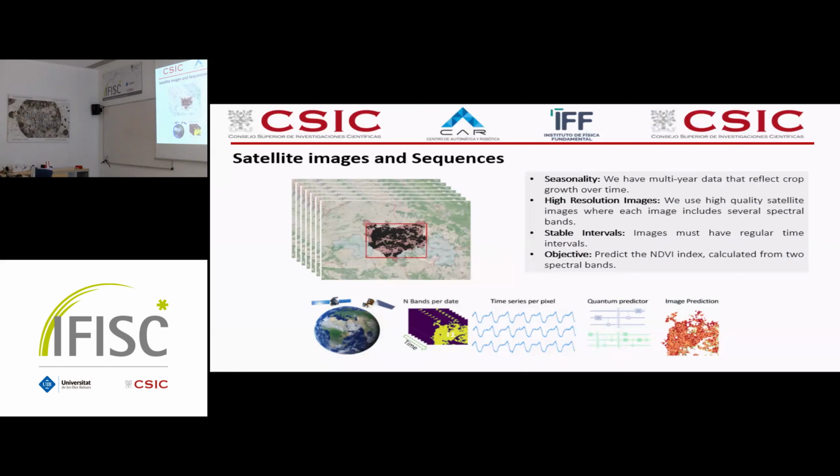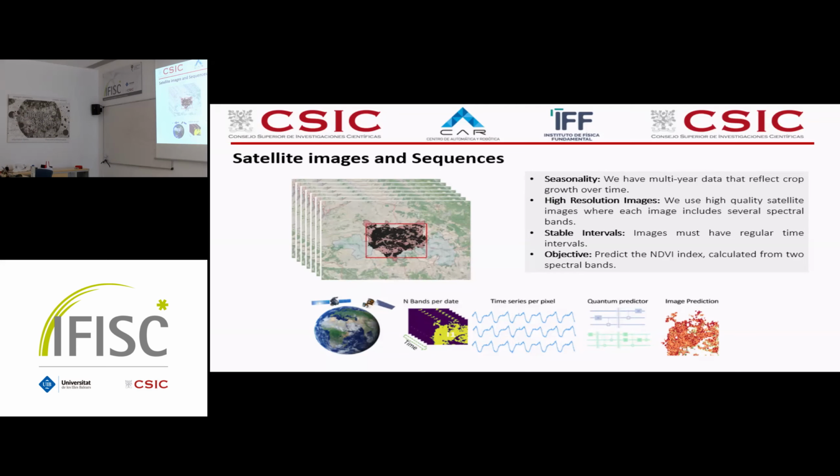We were trying to get a quantum predictor for the harvesting of the vineyards. The time series was multi-year data, we had like 5 years. The resolution is very high, as it's satellite images.